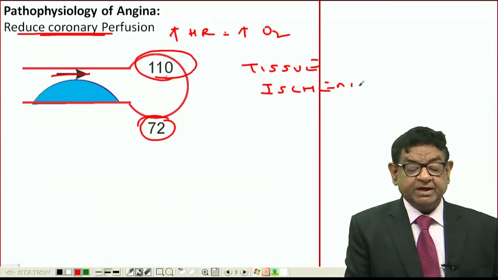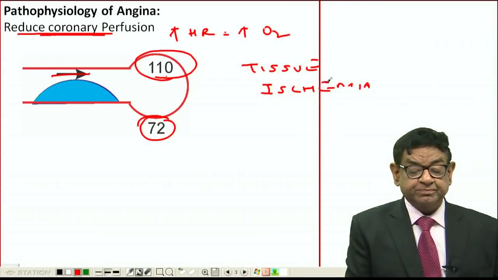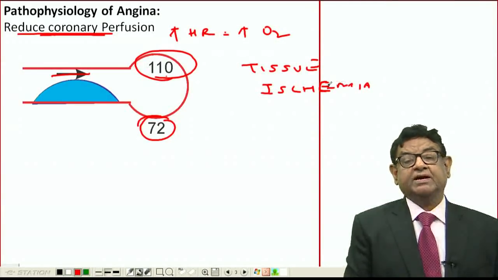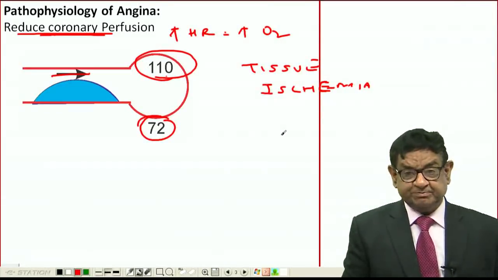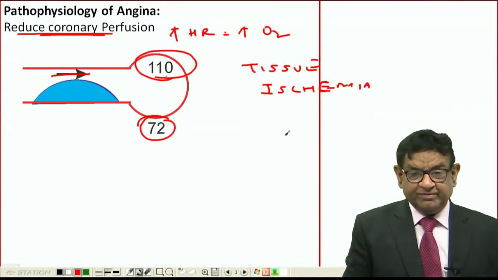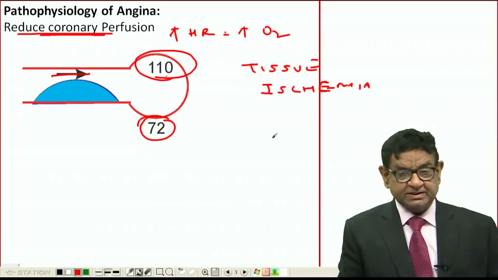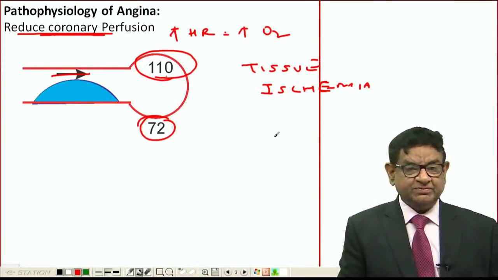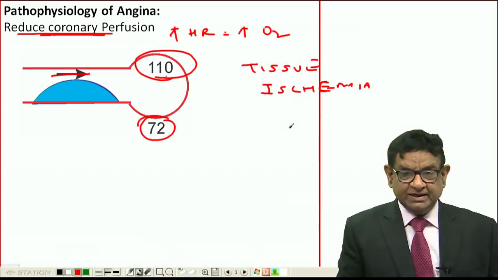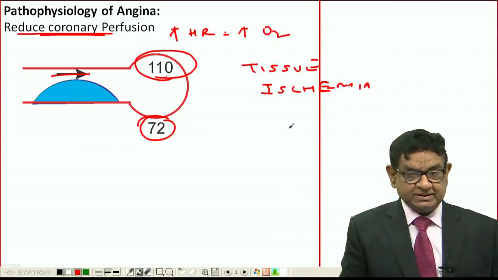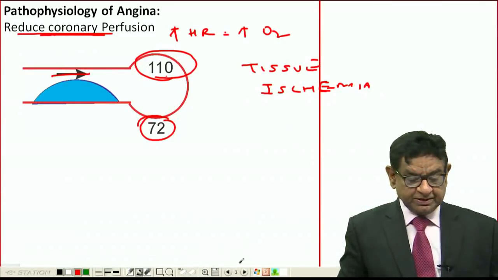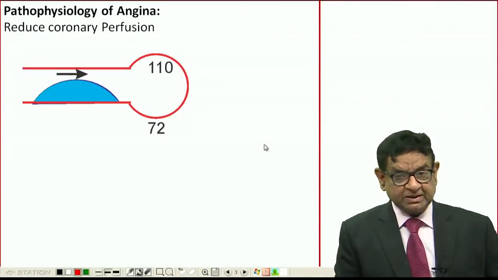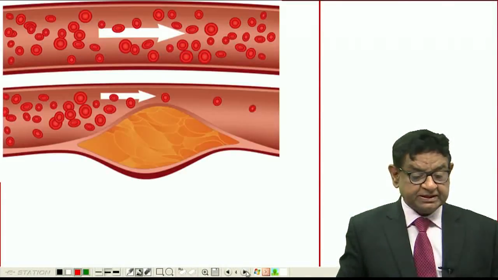That is ischemia of the myocardium, and that manifests as chest pain in the form of heaviness or somebody squeezing the chest. And that's why I said the best way to diagnose angina in a routine OPD is always the history, right? So I hope you are clear about the concept of exertional chest pain.